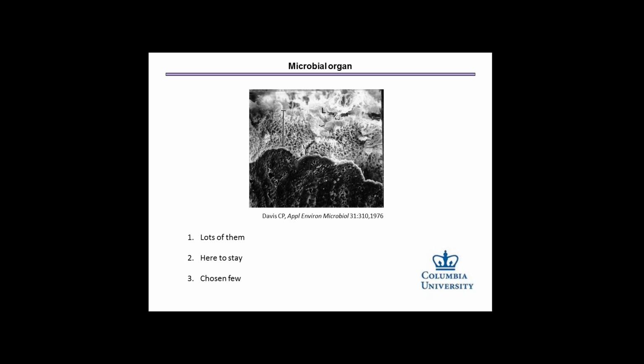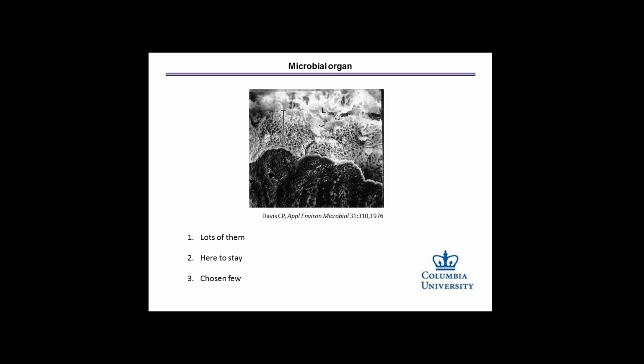The second feature is that what we will be talking about is resident bacteria. Of course, we get exposed to microbes on a regular basis, most of which are transient. But what we're talking about here is bacteria that have evolved with the host and are intimately associated with host tissues.